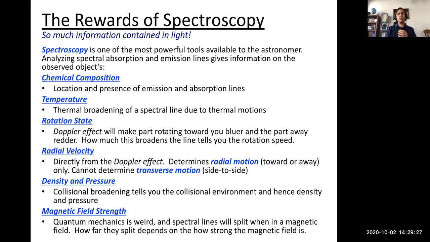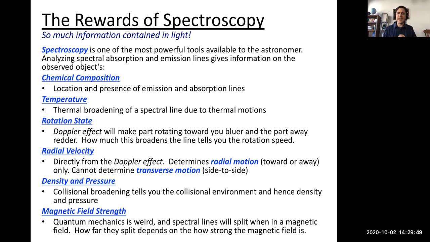So just by the presence of emission and absorption lines, associating those to the wavelengths of the emission and absorption spectra of the elements, gives us the chemical composition. So we have a chemical composition indicator. We can determine what stuff is made out of and the relative abundances if we're careful.